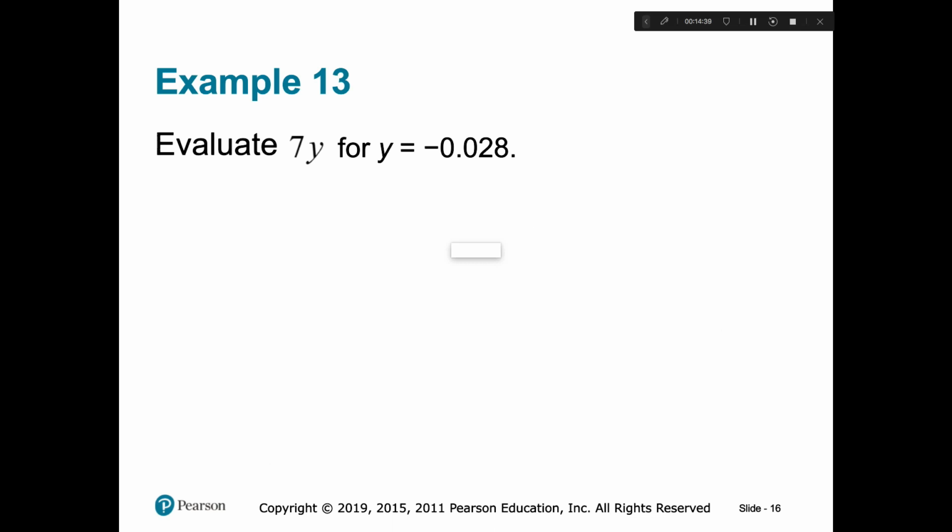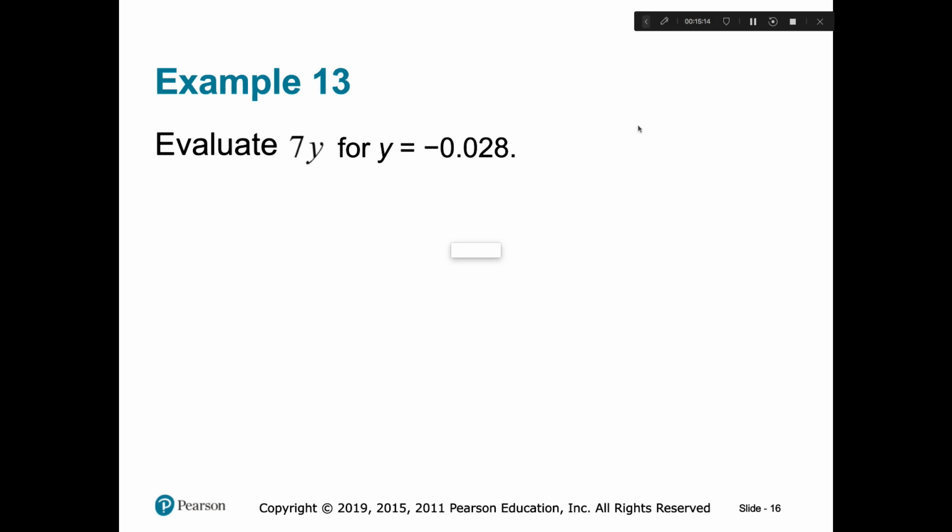So, on the bottom of the first column is this problem where we substitute in a value for our variable: 7 times y, if y equals negative 0.028, or 28 thousandths. So essentially, what am I doing in this problem? Multiplying these two numbers. When I set this up to multiply, pretend like I'm not using my calculator.